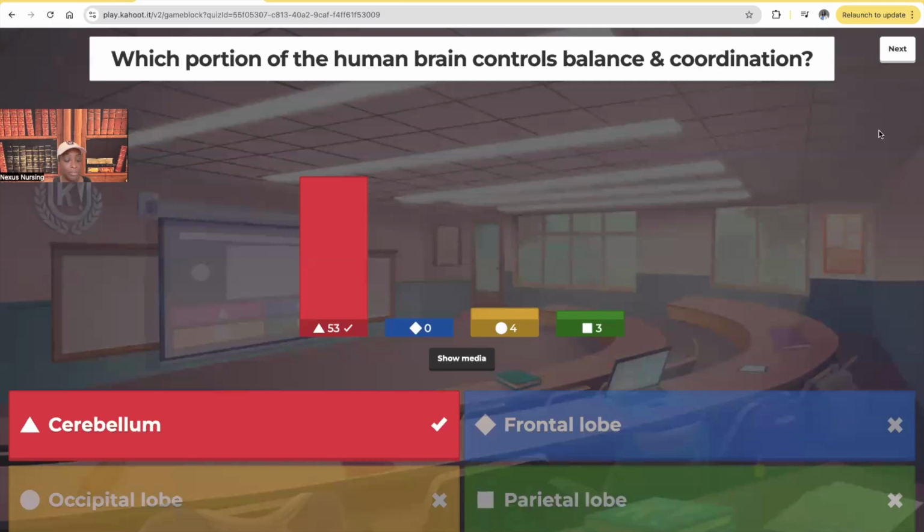Okay, very good. Cerebellum. So if that portion of the brain is affected, we're going to be most concerned about what? Safety, falls, right? What about the frontal lobe? When it comes to the frontal lobe, we're going to be concerned about that patient's decision making. Occipital lobe, vision, and parietal lobe, sensory, such as touch, taste, smell, things like that.